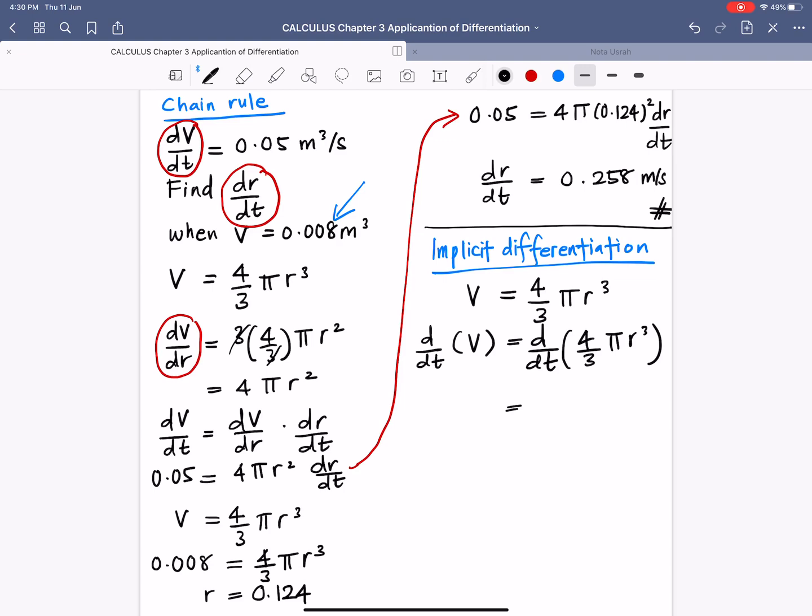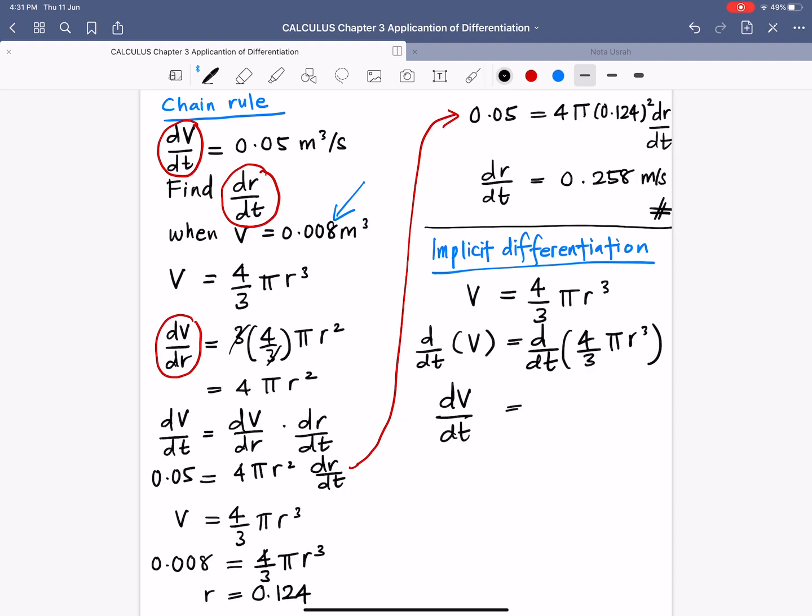For the left hand side, you differentiate the variable V as usual. When we differentiate V, we get 1. But because we want to differentiate with respect to t, we have dV/dt. For the right hand side, we have the expression in terms of r, but we want to differentiate with respect to t.